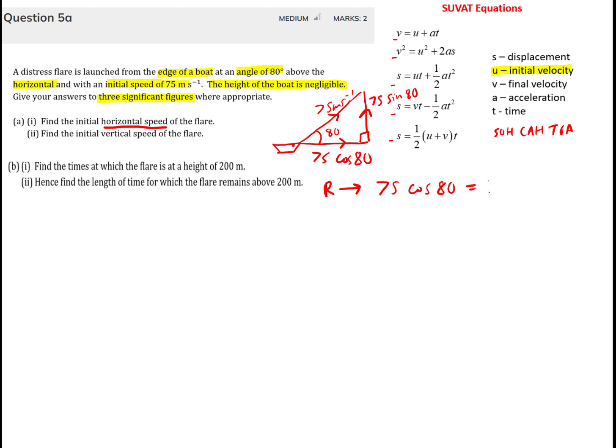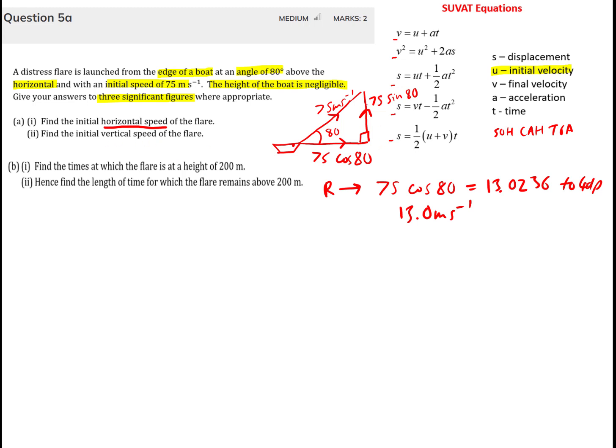So that's going to equal 13.023624 dp, and it does say 3 significant figures where appropriate, so that's just going to be 13.0 meters per second. Now it says find the initial vertical speed.